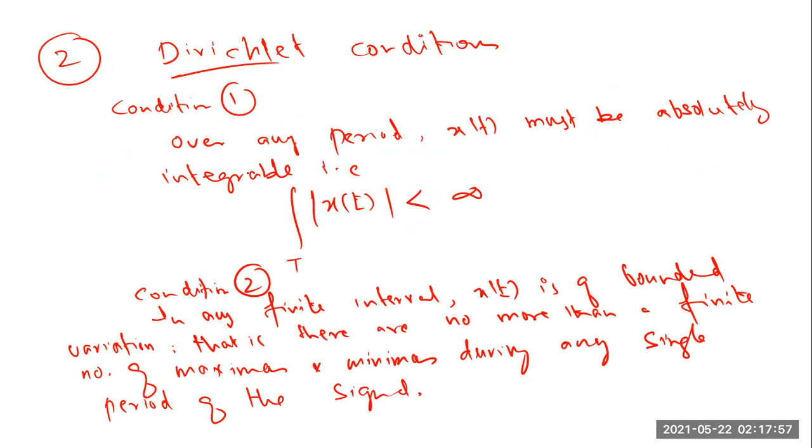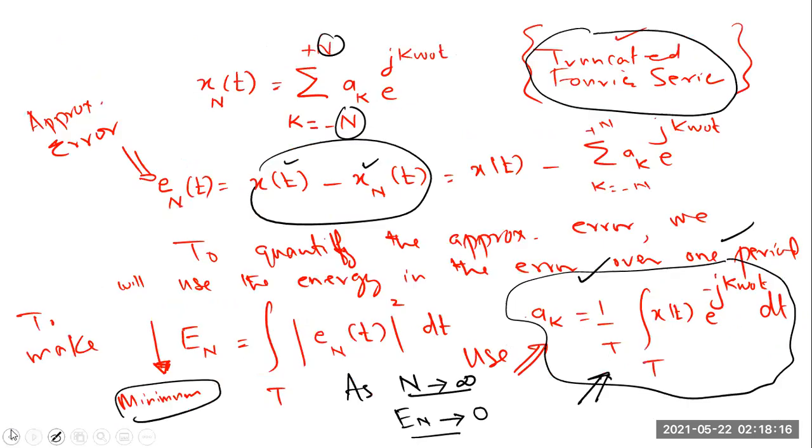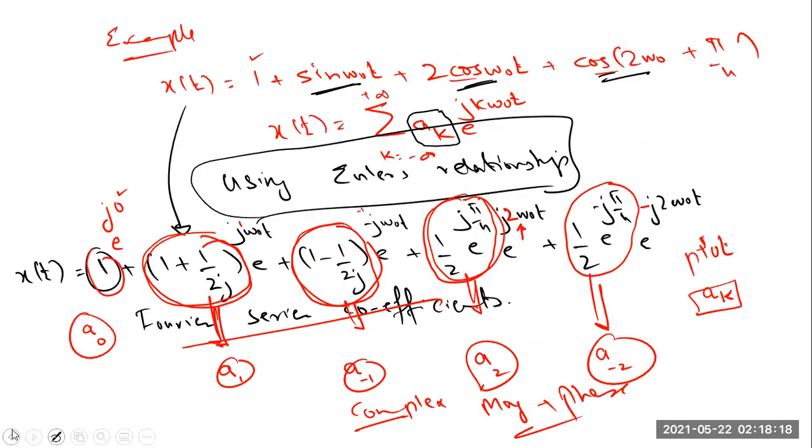Now, it may seem that, which signal will not satisfy this first condition? There is a signal which is periodic, but it is not absolutely integrable. Okay. So let me give you a graphical example for such a type of signal.